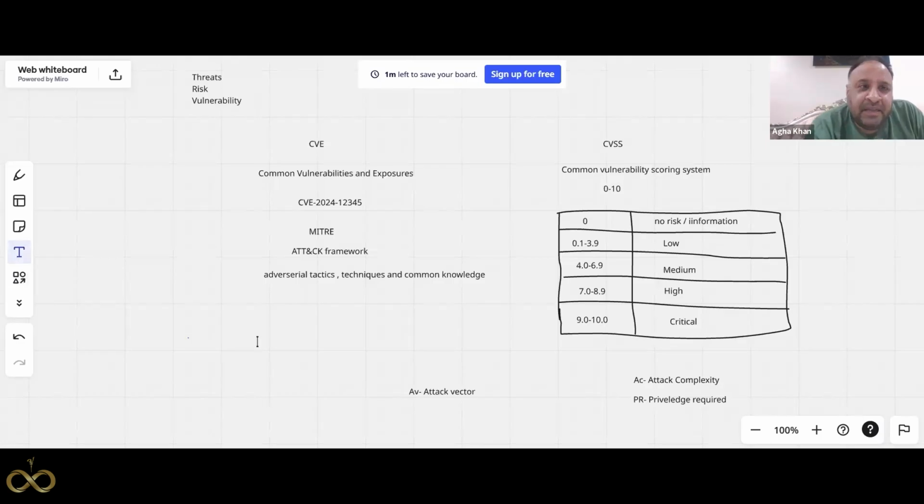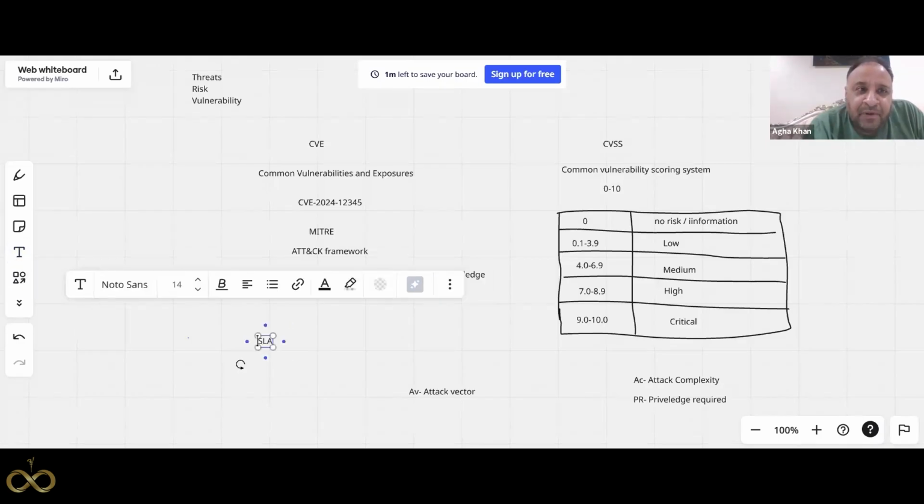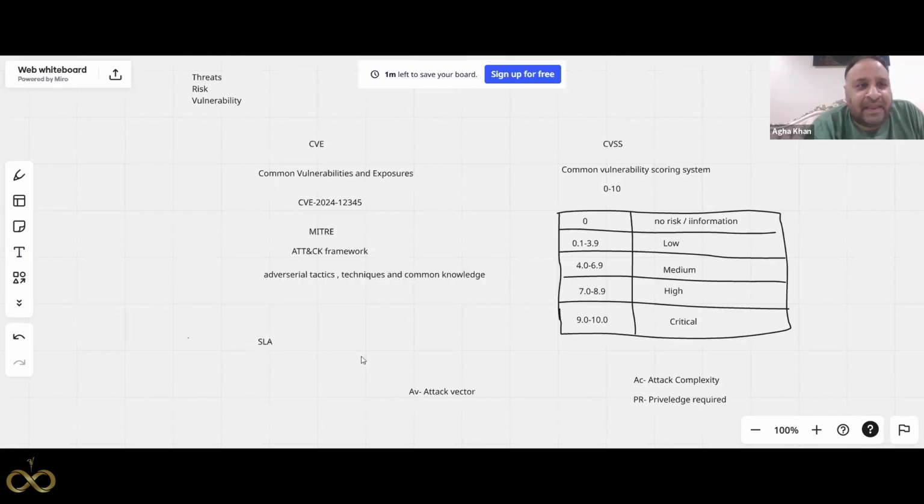A quick short question: if we have 10 vulnerabilities, and out of 10, 9 are high and only 1 is critical, still our first focus should be critical, right? Yes, definitely. Therefore, you have that scoring system, right?